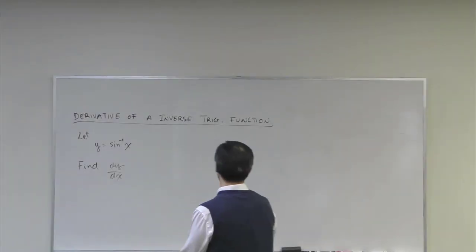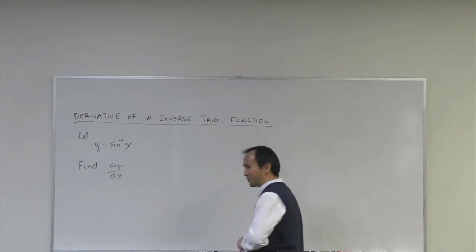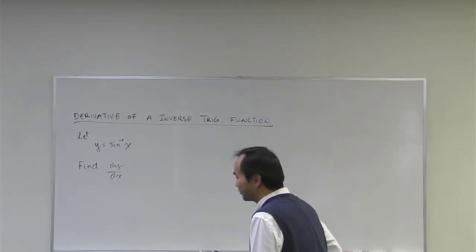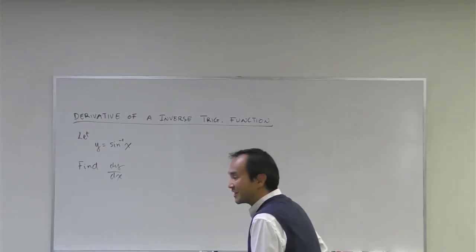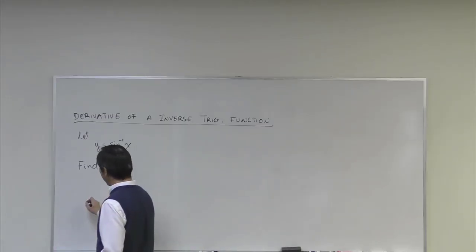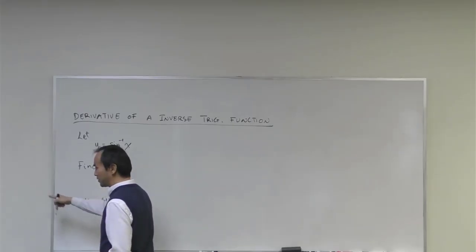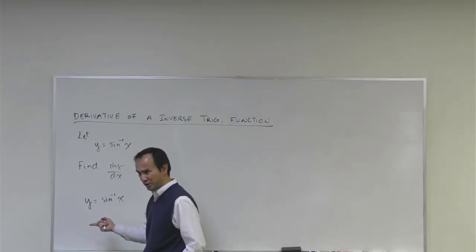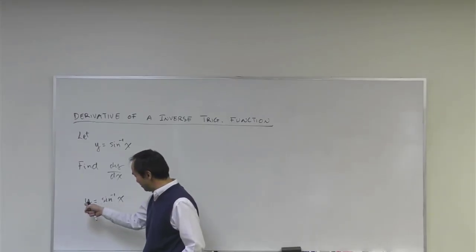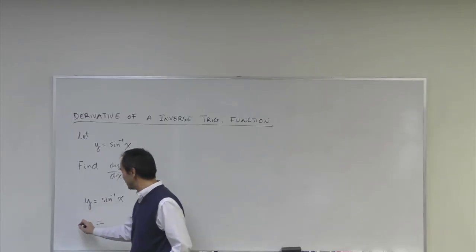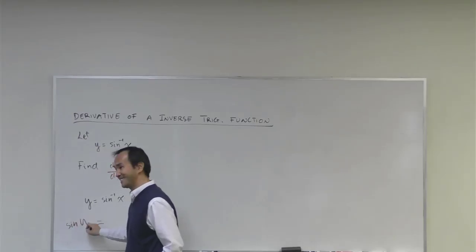It's not even an example, it's just one famous problem, and once we come to the final outcome, that will become our rule for finding the derivative of the inverse function. So now think about finding dy/dx, where y equals sine inverse of x. From your pre-calculus 2 days, when you were learning about trigonometry, when you say a variable y equals sine inverse of x, that means the same as sine of y equals x.